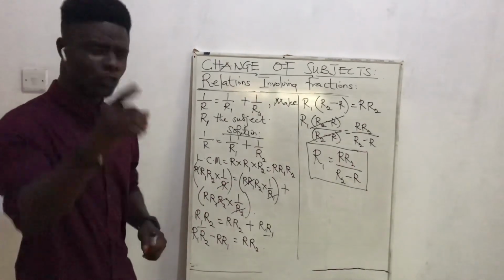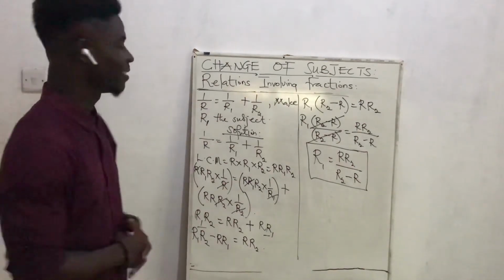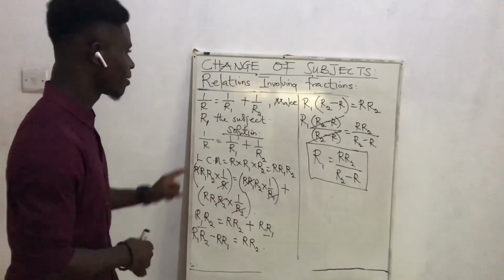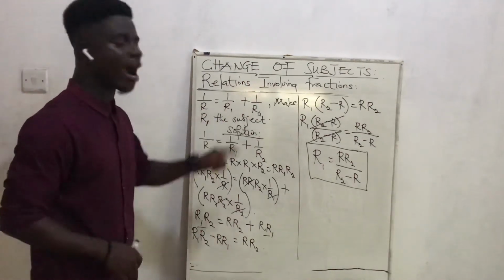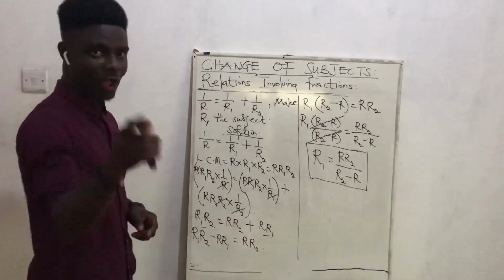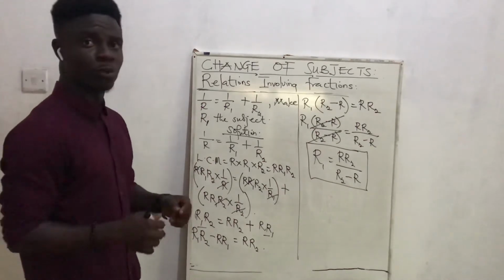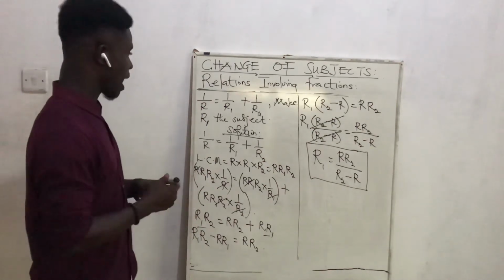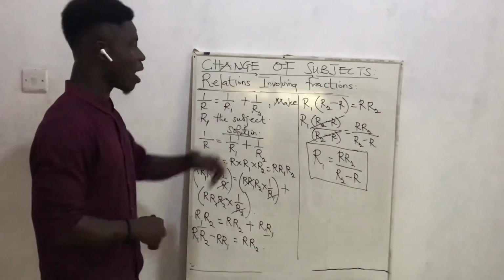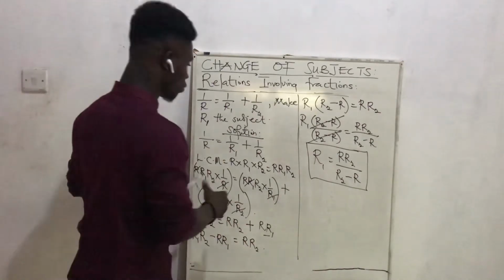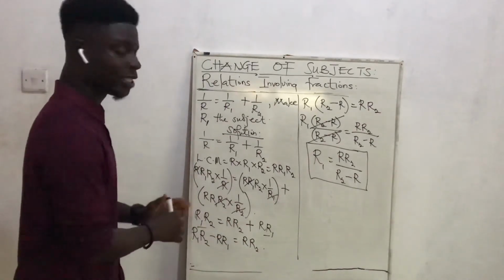So you can try and make either R or R2 the subject. Try. If you have any problem, call. Try and make R or R2 the subject. Use the same procedure.